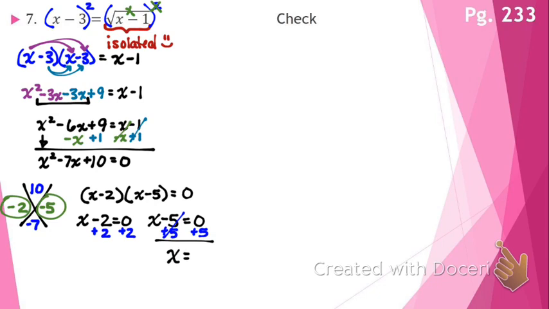So x equals 5 and x equals 2. I want you guys to check those answers. Find out if they're both valid, both extraneous, or if we've got one of each again. Check both answers.